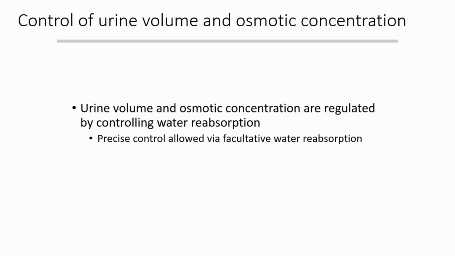So urine volume and osmotic concentration are regulated by controlling water reabsorption. The precise control is allowed via facultative water reabsorption.